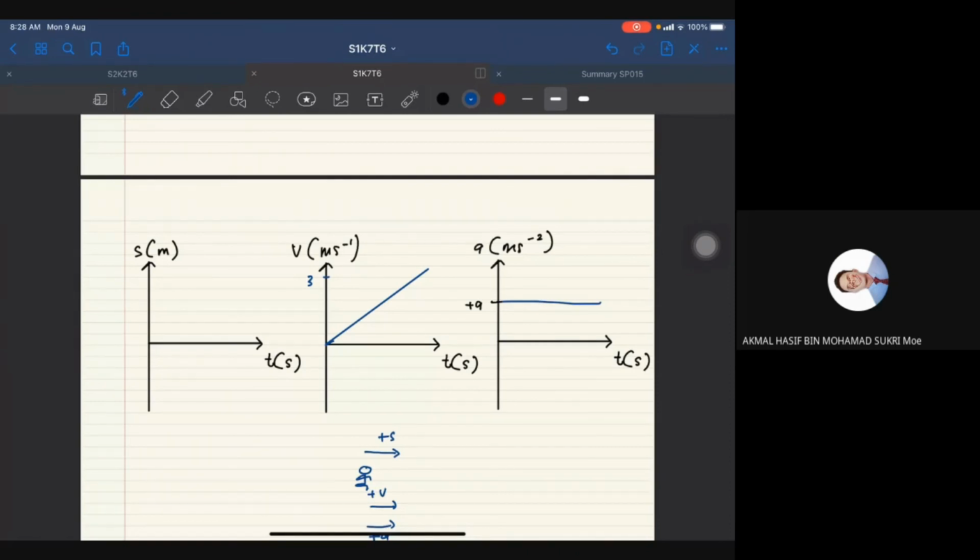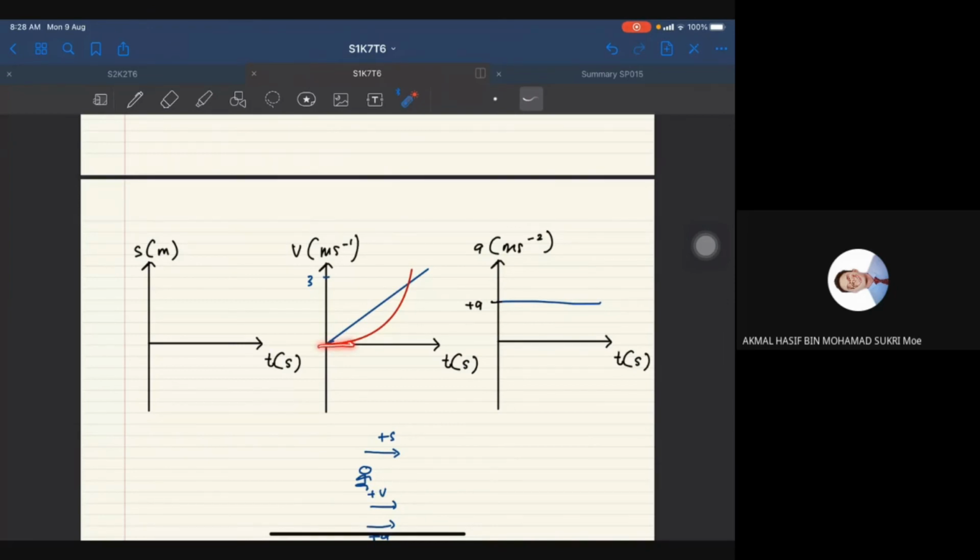Okay, contoh kalau dekat straight, let's say if I draw it like this. Okay, because you have a graph of V against T, the gradient of this graph represents the acceleration. Okay, so the gradient, kecerunan dia tu, kalau kamu kira yang dalam amali, m equals y2 minus y1 over x2 minus x1, you will see that the gradient over here is actually 0.